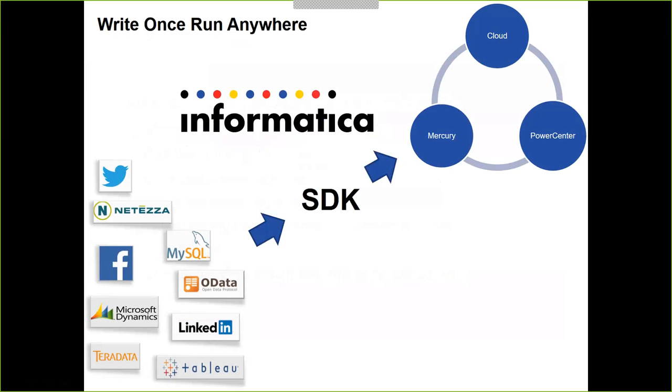So to start off with the SDK concept: why we started the SDK and what the SDK's role is here is to develop a connector and deploy anywhere. This is a concept we started: write once and run anywhere. Currently, with our products like Cloud, PC, and Mercury, whatever connector is developed using ICT is supposed to work.